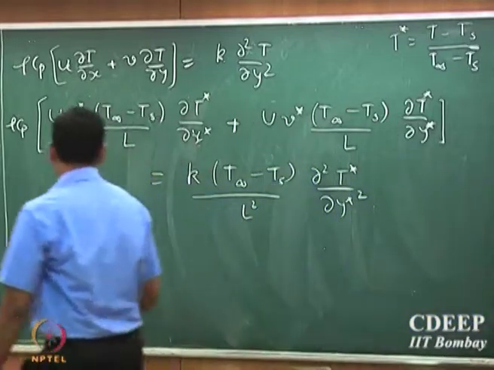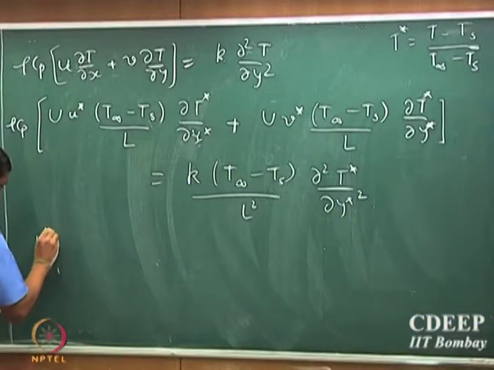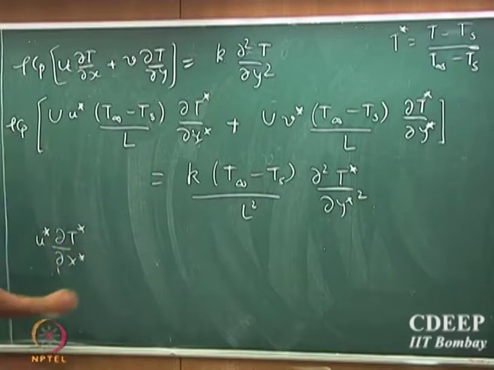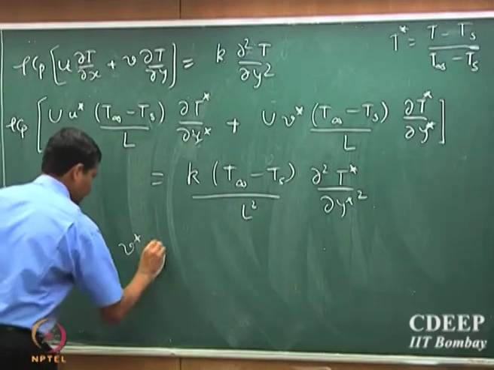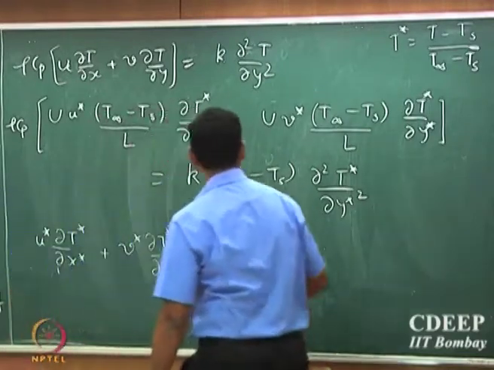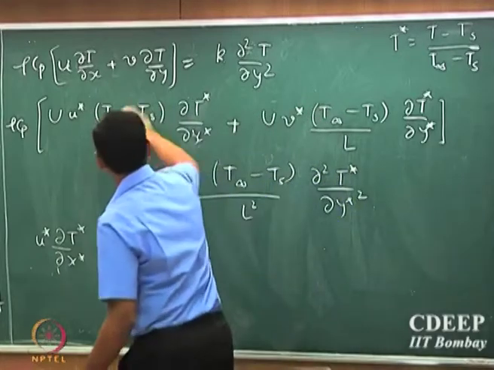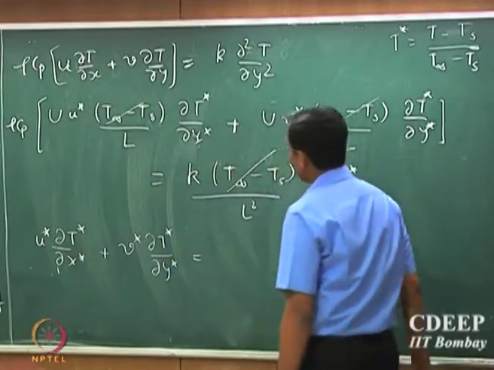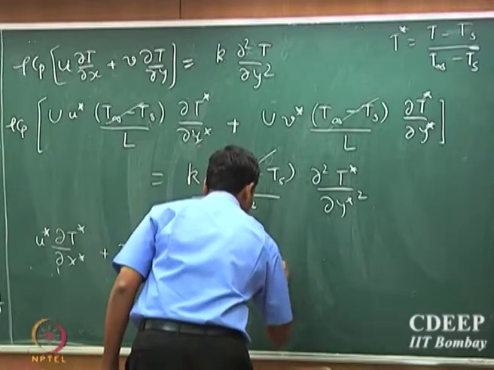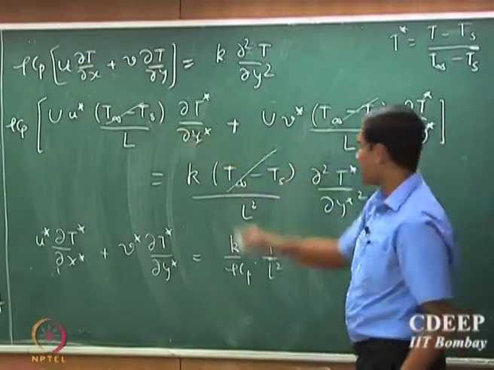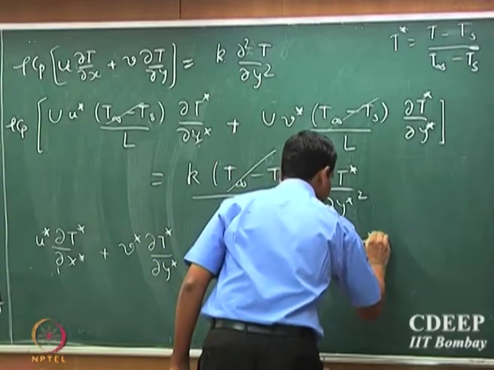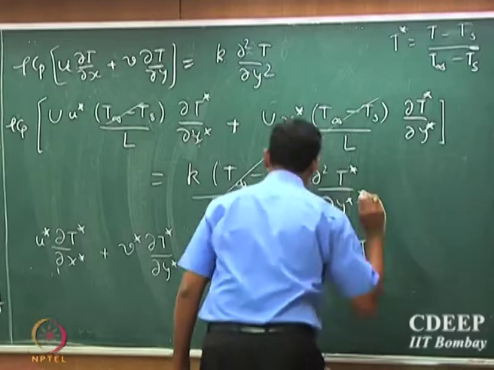Now if I do the algebra, that will become u star dT star by dx star plus v star dT star by dy star, equal to, so the T infinity minus Ts will cancel out, and you will have k by rho Cp into 1 by L squared, and so we get L by U from the other side, okay. So there will be L by U into d squared T star by dy star squared.